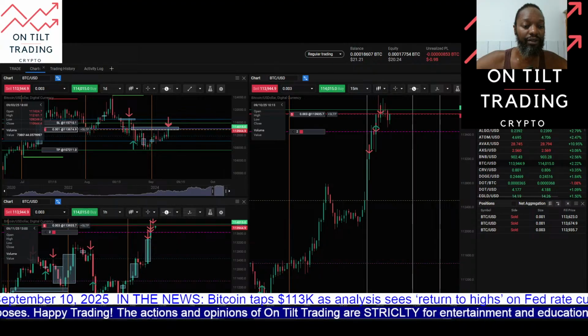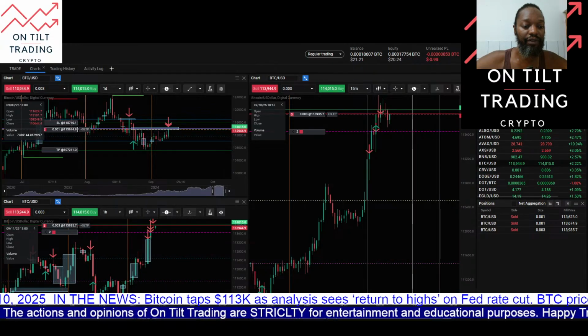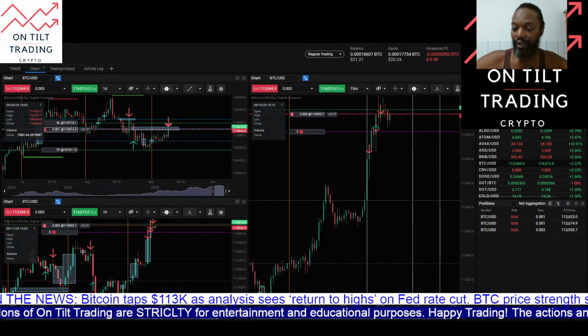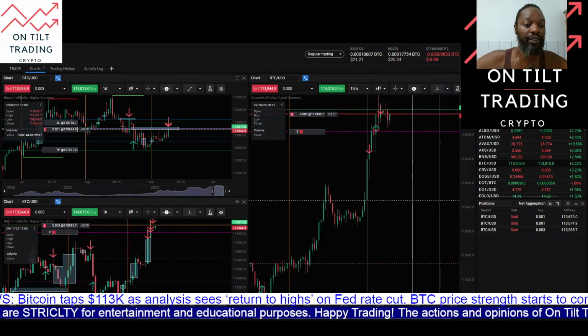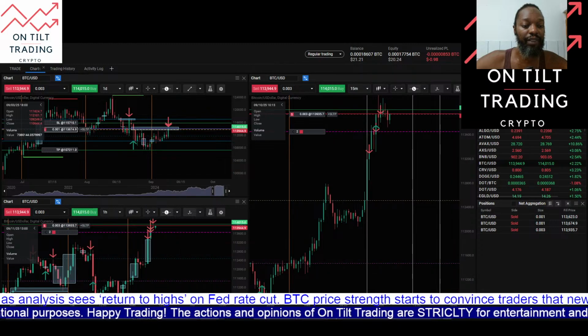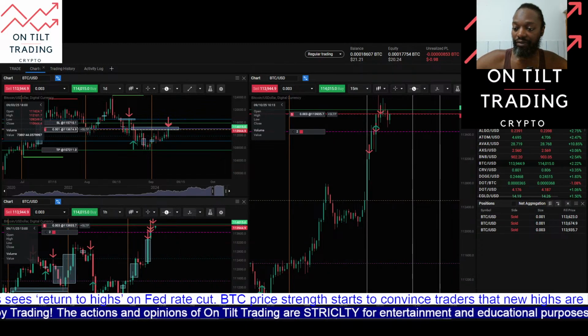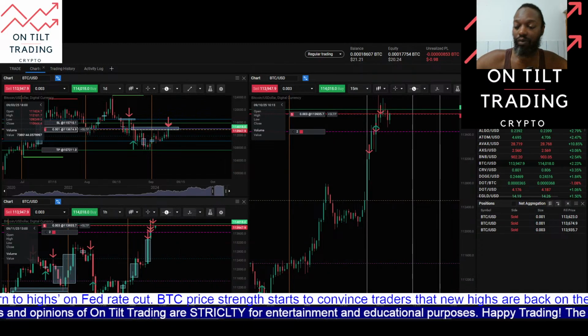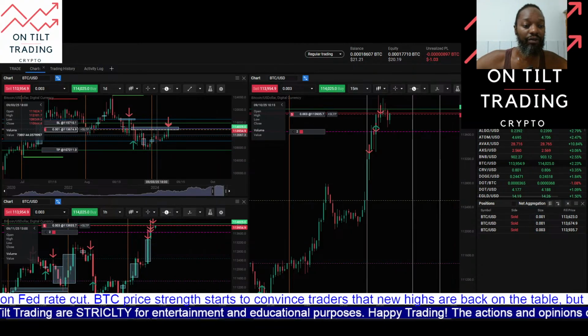That's right here. You can see my take profit is here for this sell side. And my stop loss, as you can see right here, is based on this level, which is the order block candle right here.